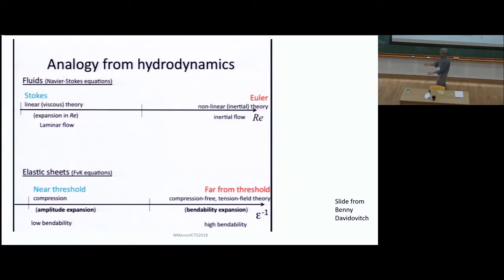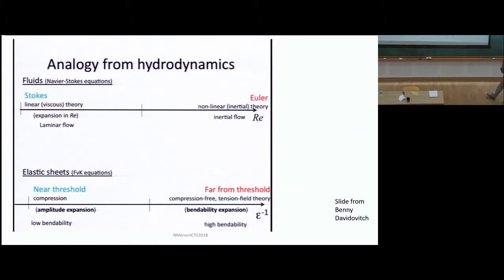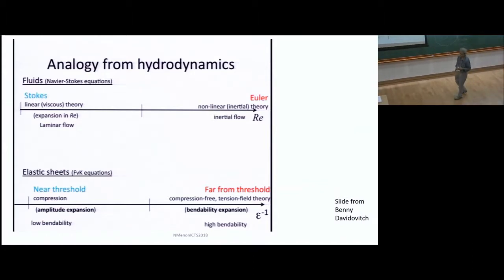And now there's a parameter that tells you where you are. So more than any of the specific configurations of wrinkles that I've shown you, I think this is a useful recent development to know about.